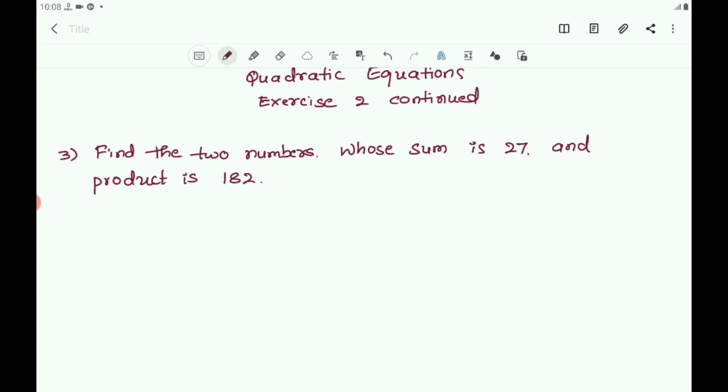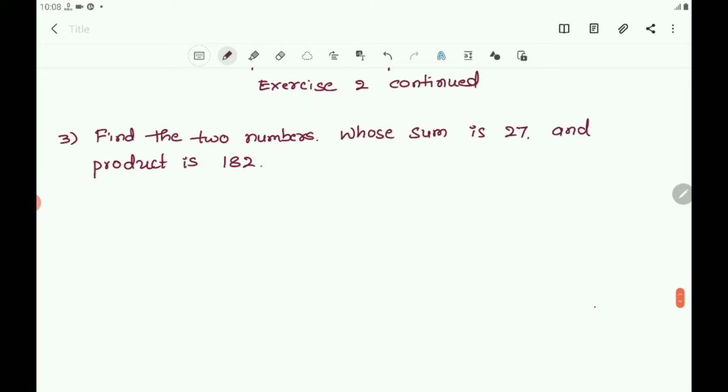Here we have to find the two numbers which are in such a way that their sum is 27 and product is 182. Now here if you take one number as x, the other number will be 27 minus x because their sum is 27. So let us take the two numbers.